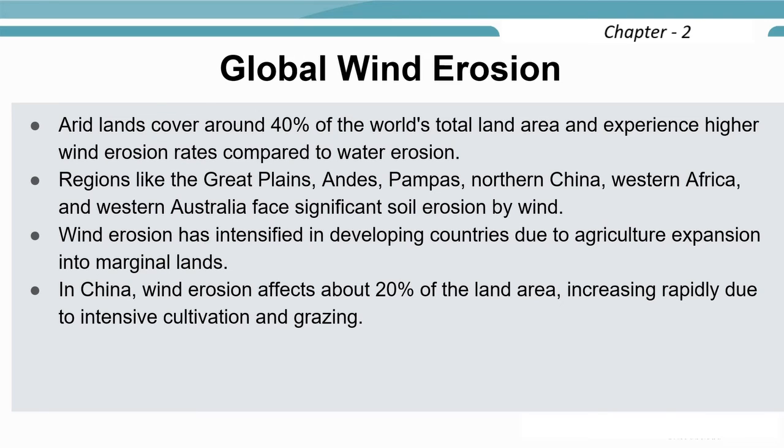Wind erosion has intensified in developing countries due to expansion of agriculture into marginal lands. In China, wind erosion affects about 20% of the land area, increasing rapidly due to intensive cultivation and grazing.